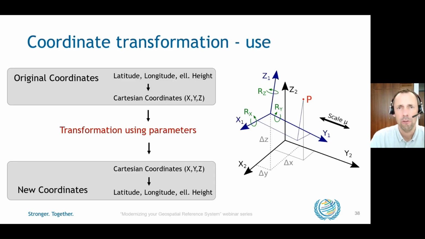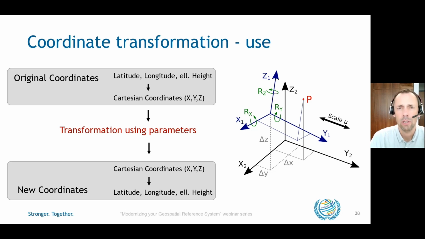Once the transformation parameters between two static datums are known, any location can be described in both datums. Here we describe how it works in practice. Usually we start with point description in latitude, longitude, and height in the original datum.